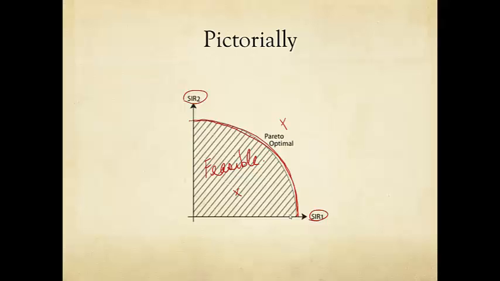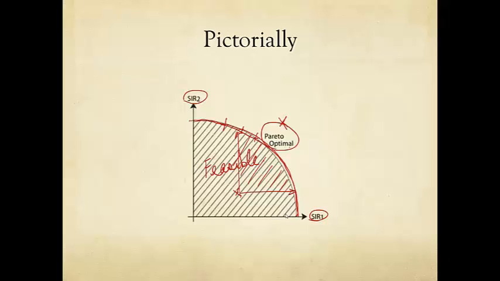But there are also inferior points because I could find a way to increase SIR for both users. So any points in this region would be strictly better than this point. At the same time, every point outside the boundary is infeasible. Now, what about the points exactly on the boundaries? We call those points Pareto optimal. Clearly, there are an infinite number of these points on the boundary, and they are all Pareto optimal.